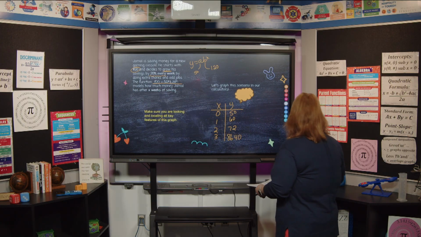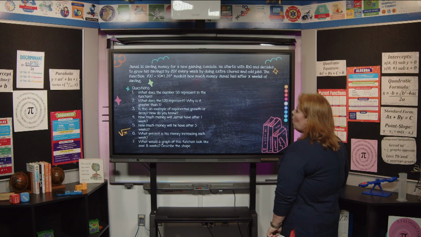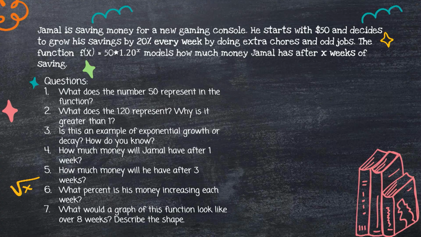Good job. So then it says, what does the 50 represent in this function? Well, it was my y-intercept, and it's also my money at my 0 week. All right, number 2 says, what does the 1.20 represent? Why is it greater than 1?